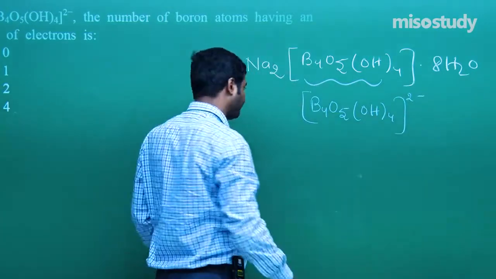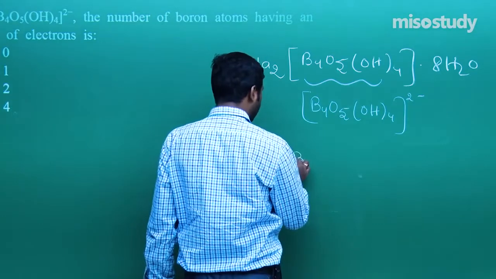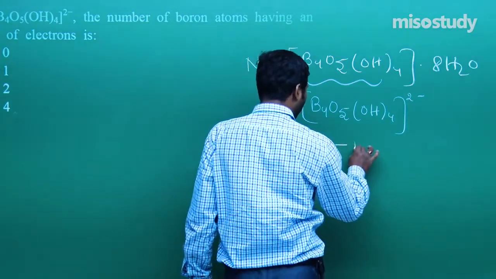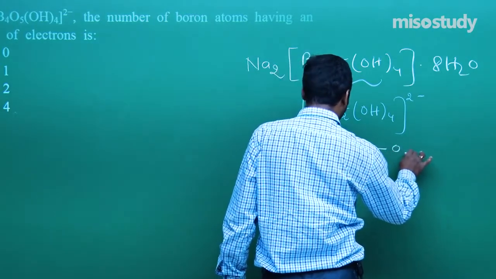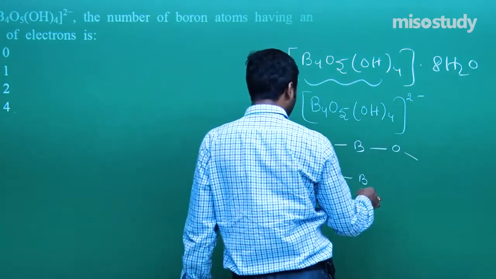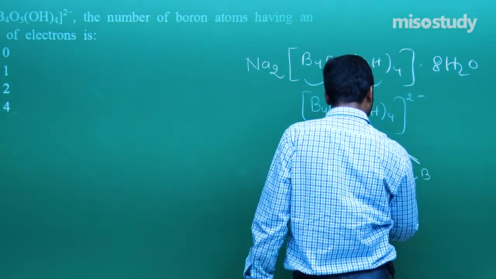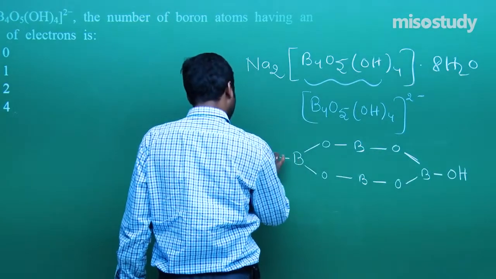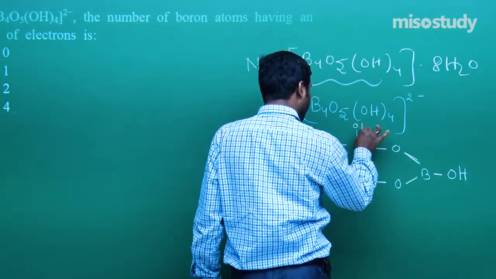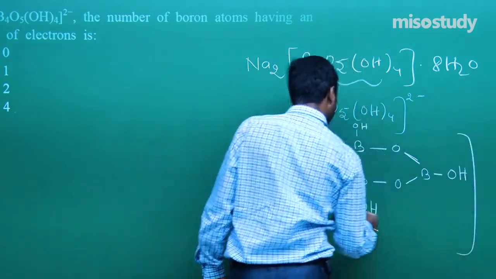Look at, that is B, then O, then B here, then O, then B here, then O. Clear to you? Then B here, then O, then B here, put here OH, put here OH, and put also here OH and here OH.